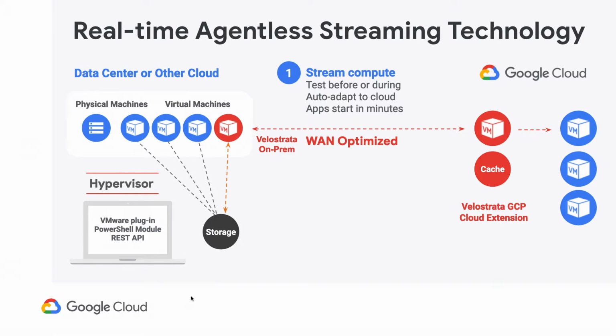And then we take a running snapshot, while the production VM is up and running and functional, we mount that snapshot just like we did in the streaming compute phase, but we put that into an isolated network, right? Meaning that any writes, any changes that you're doing in the environment are not going to replicate. It's separate from your production environment.